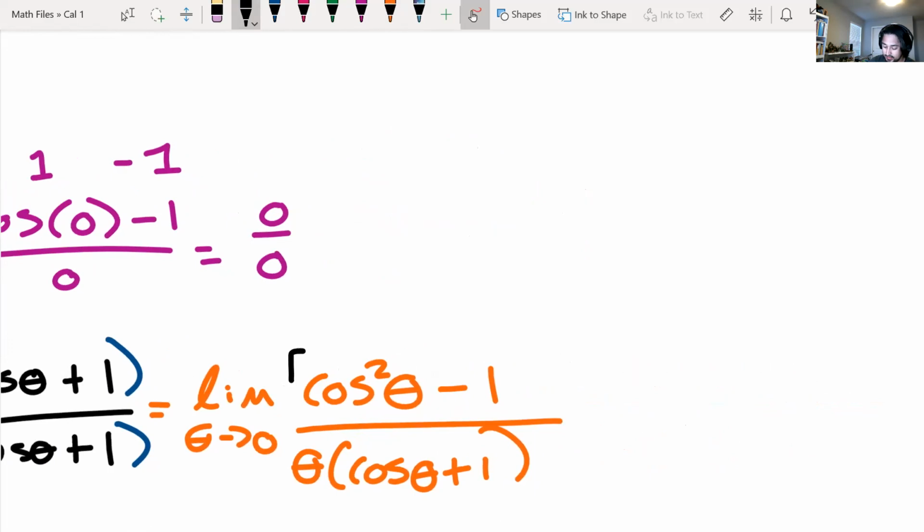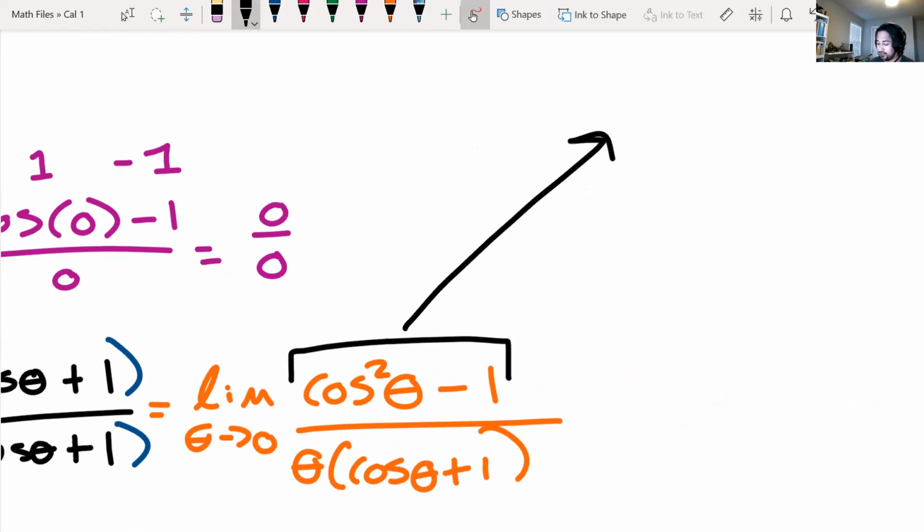What does this piece look like? Doesn't it equal like 1 minus sine squared theta or something like that? We're getting there. Negative sine squared theta, right? You got it. So remember this identity? Sine squared plus cosine squared equals 1.